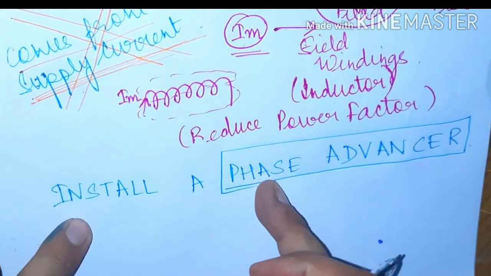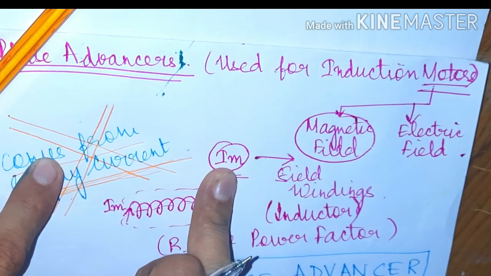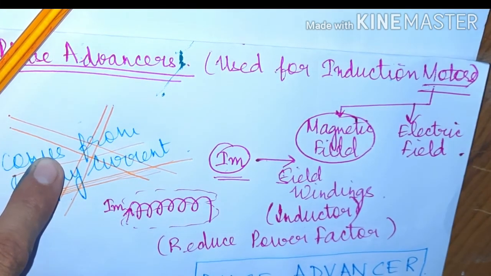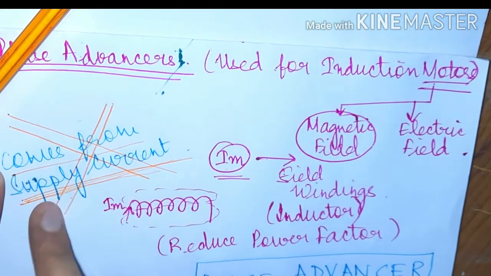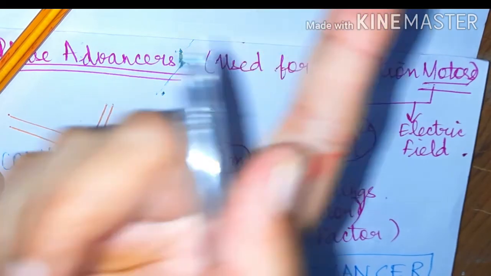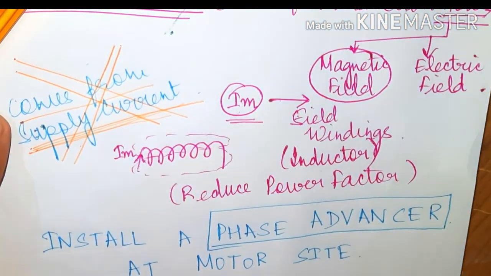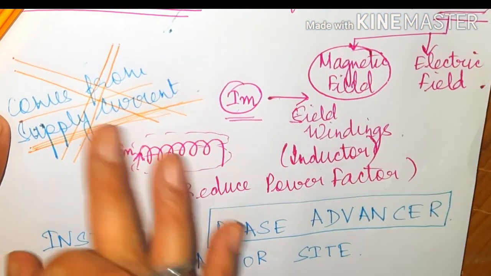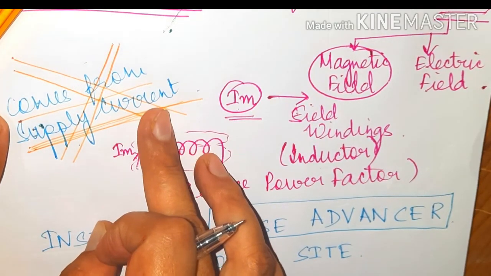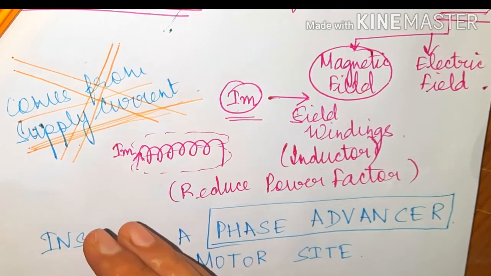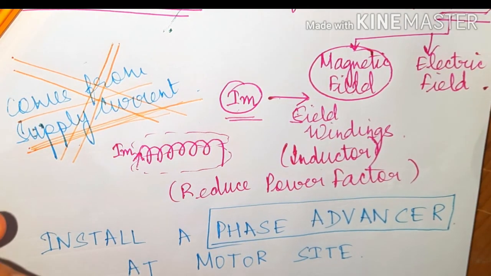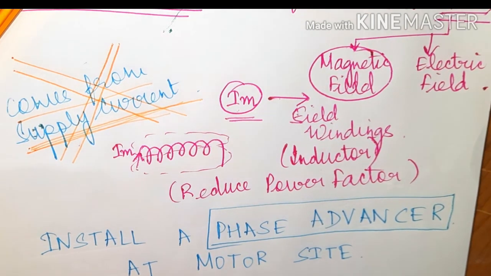If you supply this magnetizing or field current from a phase advancer, that extra current will not be drawn from the supply, and you can very well maintain the power factor because inductive current will not be drawn from the supply. With that lack of inductive current for the field winding, the power factor angle will reduce, and when the power factor angle reduces, the power factor will improve.